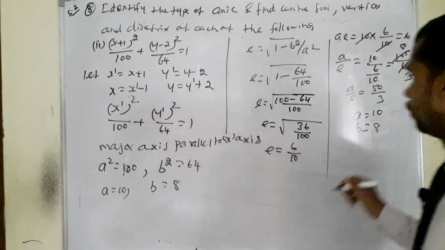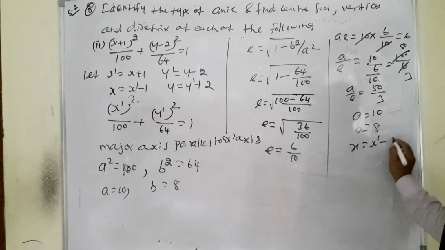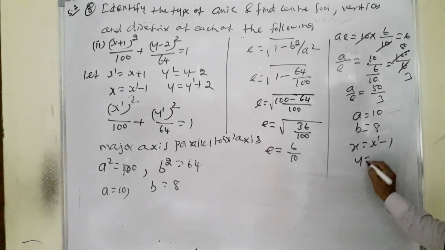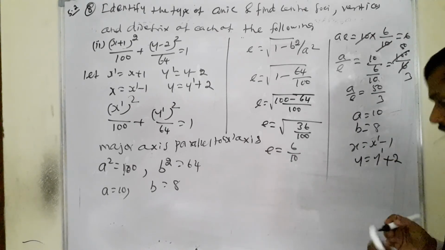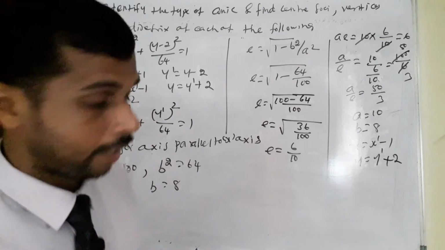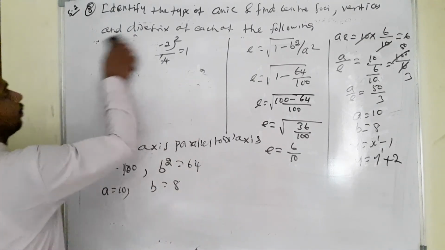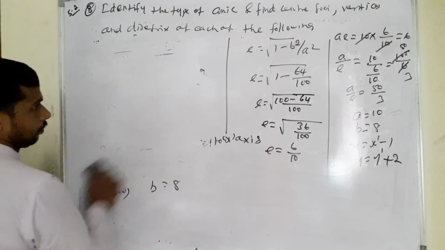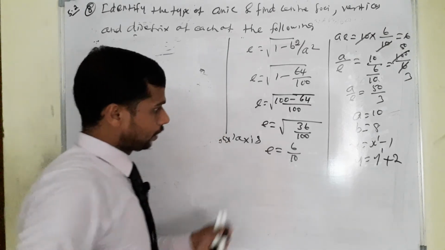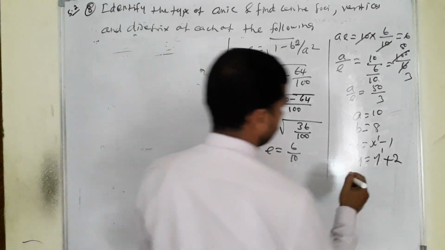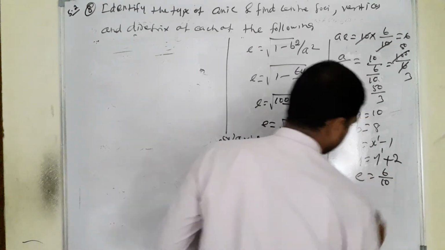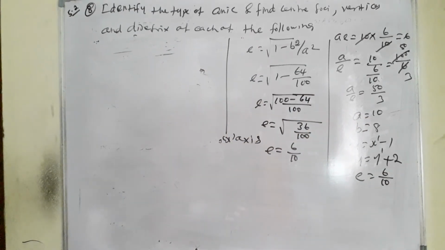Then the condition also: x is equal to x dash minus 1, y is equal to y dash plus 2. Moving to draw the diagram. So e is equal to 6 by 10, isn't it?